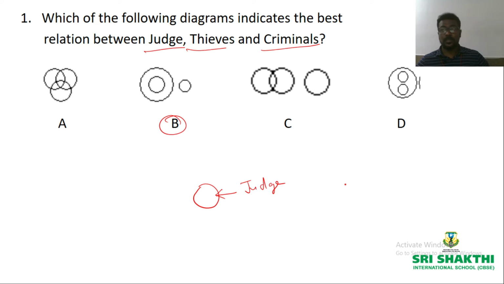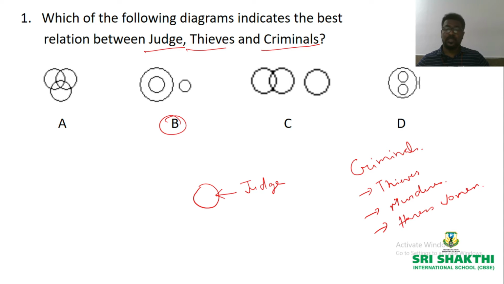In general, the person who does mistakes, we call them criminals. And under the category of criminals, we can put thieves, not only thieves, even the murderers and the people who harass women.